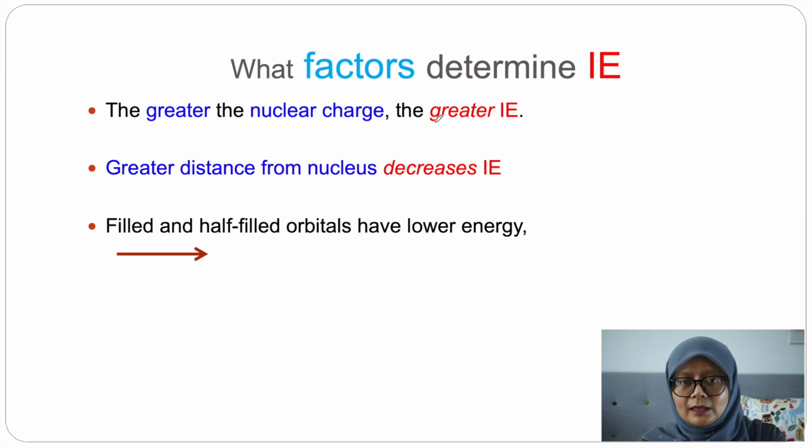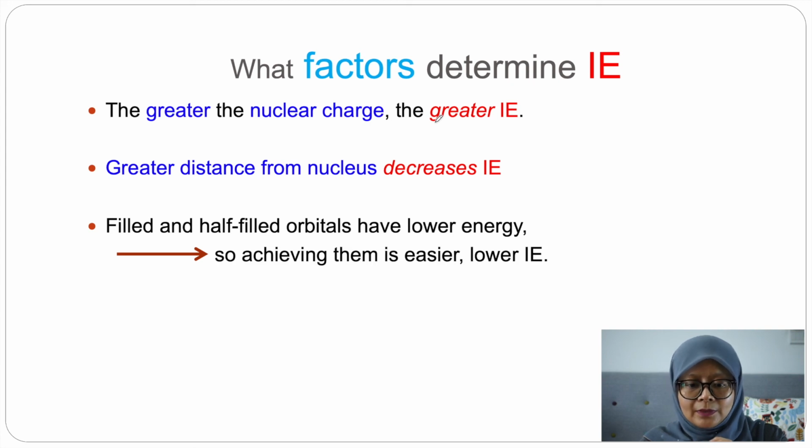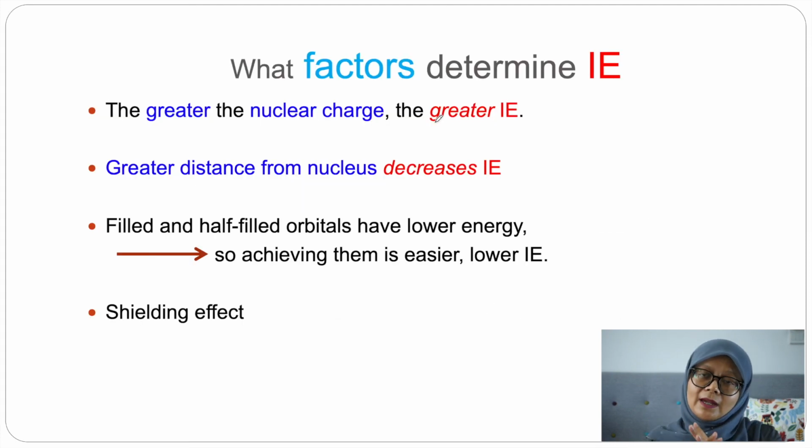Filled and half-filled orbitals have lower energy, so achieving them is easier, which gives lower ionization energy. The last one is the shielding effect, which is related to the size and number of orbitals.